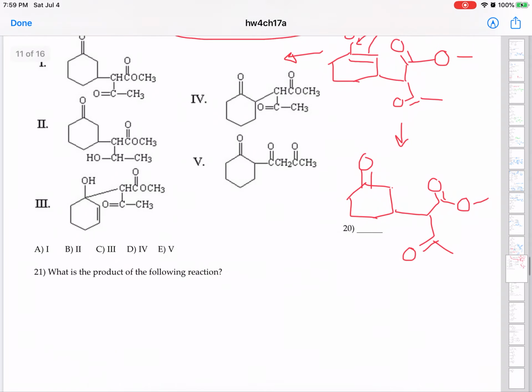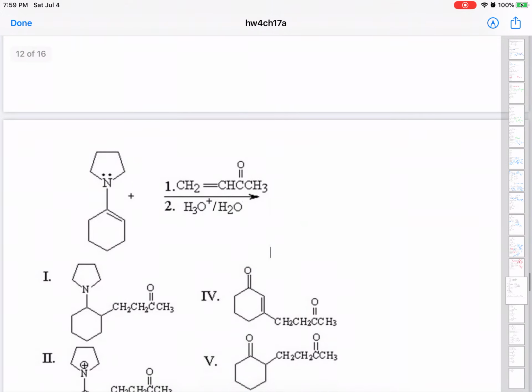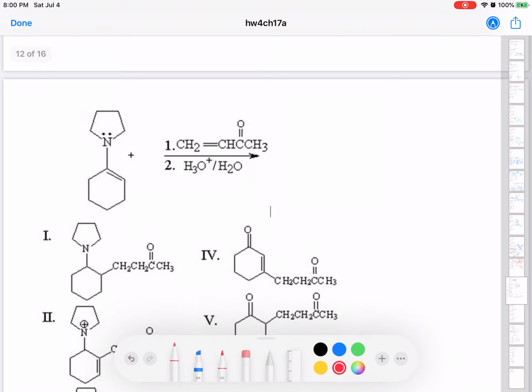That's number 20. And 21, what is the product of the following reaction? Again, this is through the enamine conjugate addition. It's another Michael reaction. Okay, so we can see what's happening here. Again, the carbon over here is going to attack this carbon and then open up.